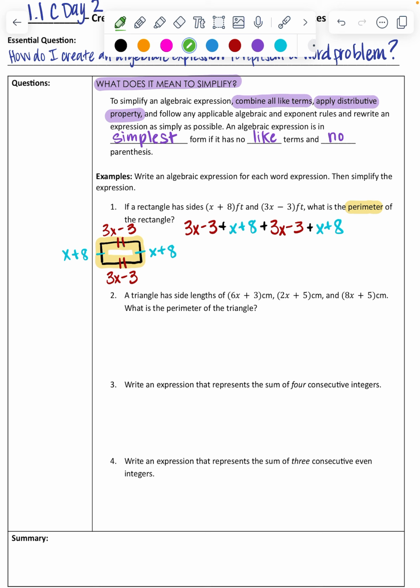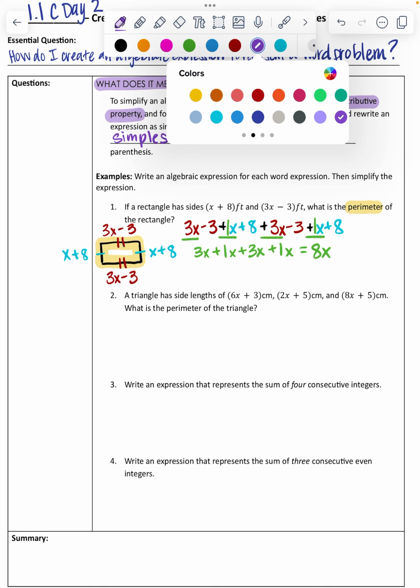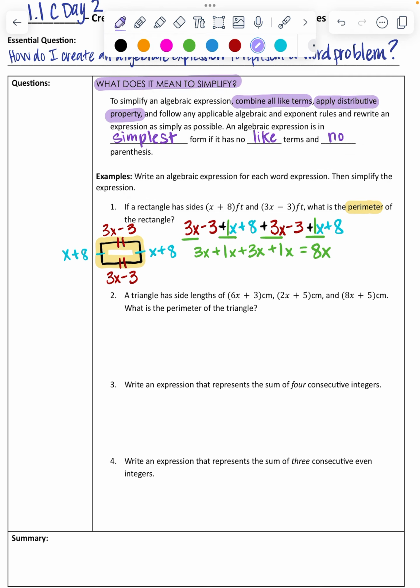First I'm going to start with the x's. So I have 3x, 1x, 3x, and again 1x. If I add all of those together, 3x plus 1x plus 3x plus 1x, that is 8x. And then I just need to add all of my constants.